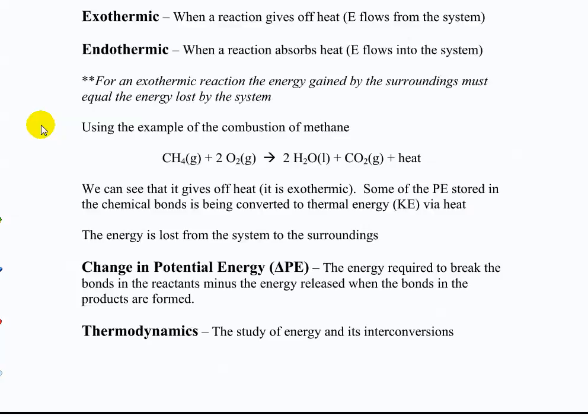So here's combustion of methane. You've got potential energy due to the composition of the molecules, the CH4. And that energy is converted to thermal energy via heat. So the energy is lost from the system to the surroundings. And this is kind of a big deal these days when we talk about energy usage and alternative energies.